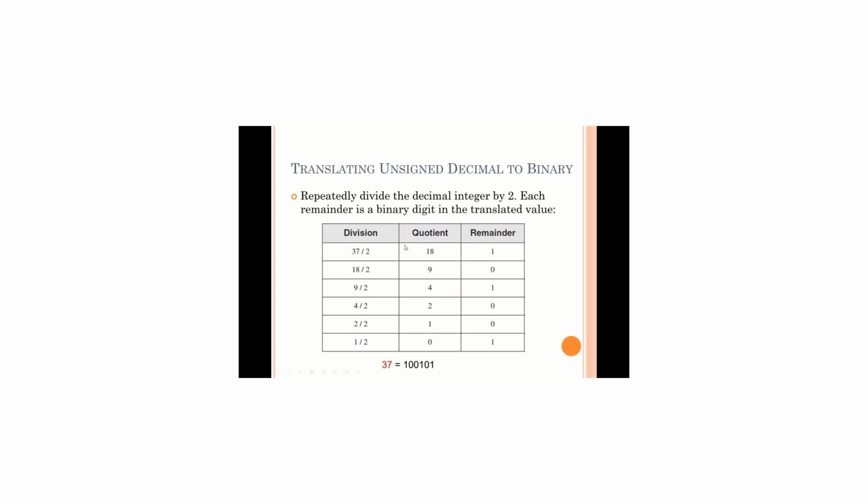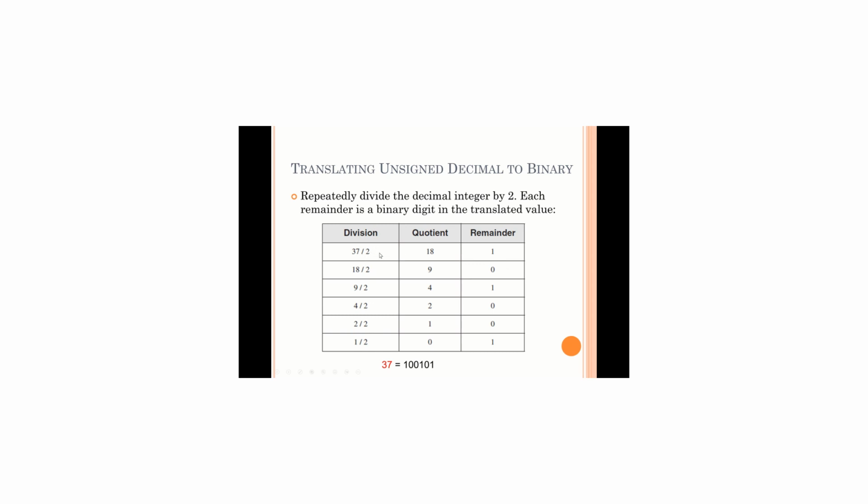And then the division will come up with 2 parts. One is quotient, the other is remainder. 37 divided by 2 would have a quotient of 18, right? Because 2 times 18 is 36. 36 plus the remainder 1, that would be 37.